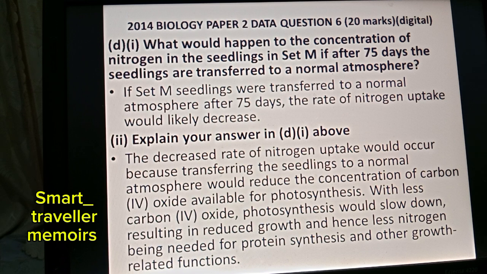With less carbon dioxide, photosynthesis would slow down, resulting in reduced growth and hence less nitrogen being needed for protein synthesis and other growth-related functions. So it is up to you to choose your best answer.